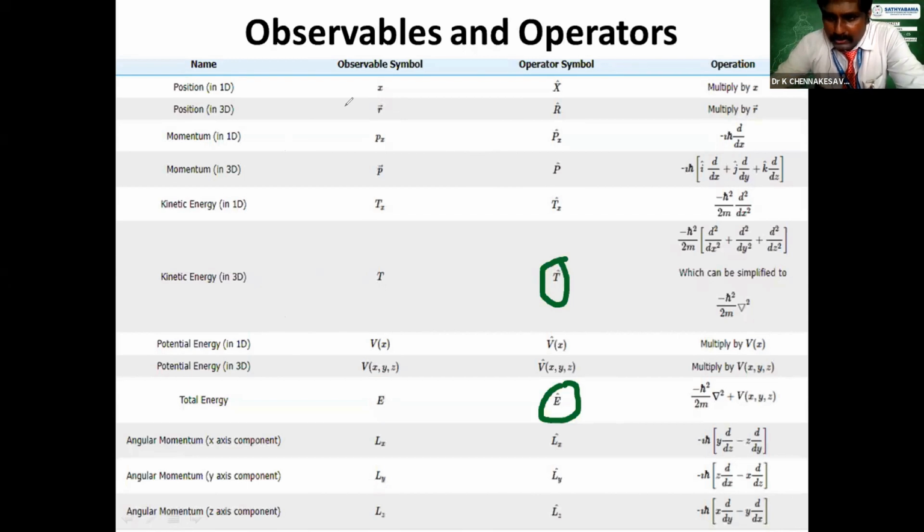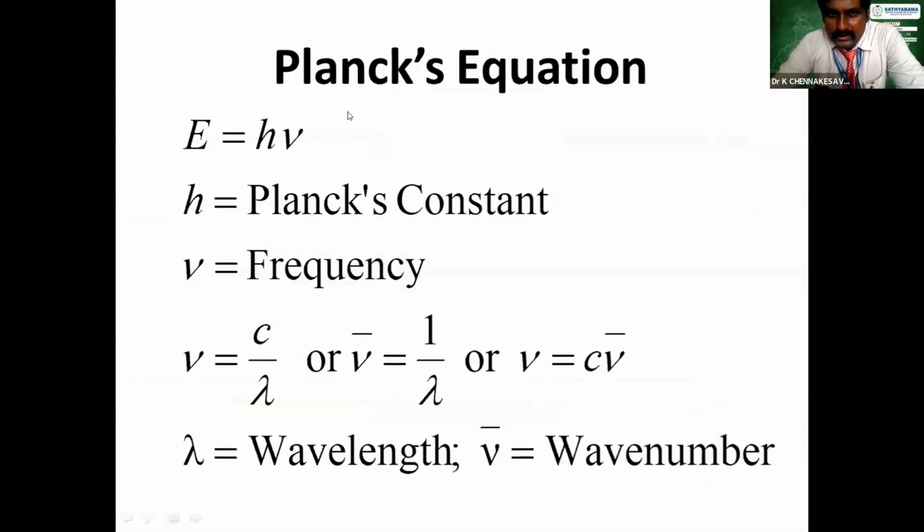Okay. Now let us see the Planck's equation and a few important relations related to Planck's equation. E is equal to h nu. h is a Planck's constant. Nu is a frequency. And not only this, E is equal to h nu, even we can write nu is equal to c by lambda, or nu bar is equal to 1 by lambda.